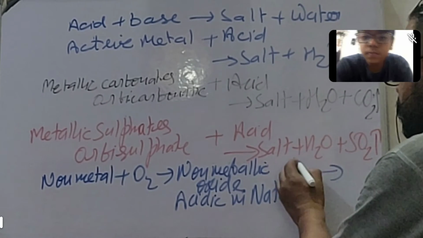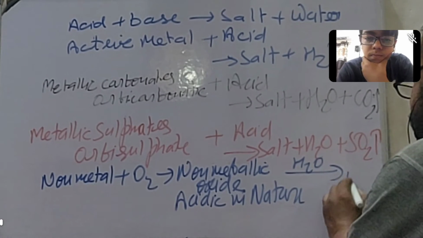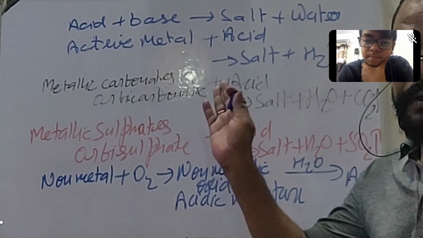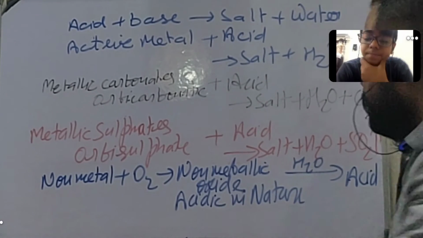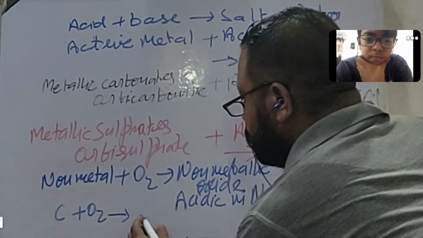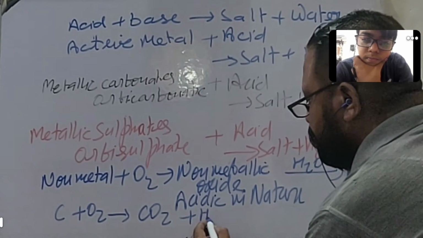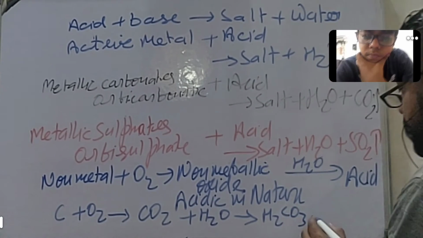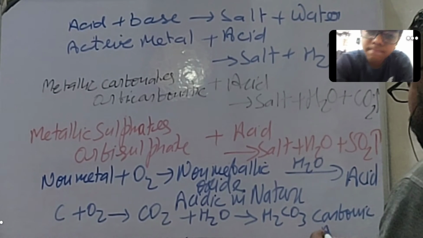They react with water and give you acid. Like carbon plus oxygen gives you CO2. It is acidic in nature, and when it reacts with water, it gives you H2CO3, carbonic acid.